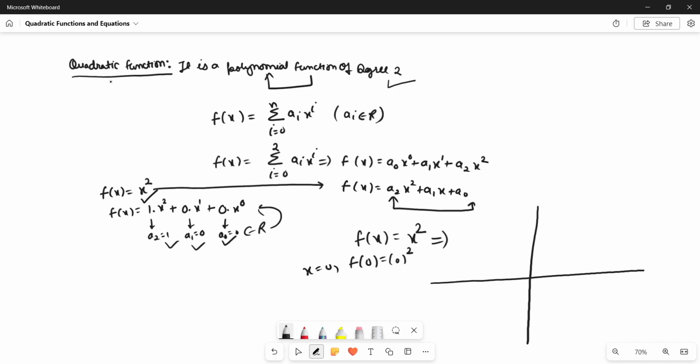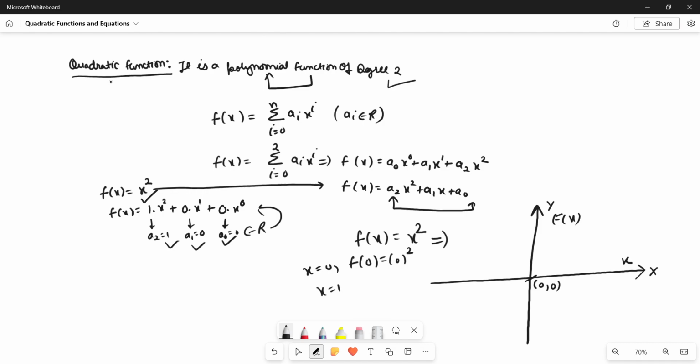So at x equal to 0, we are getting f of x equal to 0. On the horizontal axis we are taking the values of x, and on the vertical axis, that is our y axis, we are taking the values of f of x. So at x equals 0, we got y also equal to 0.